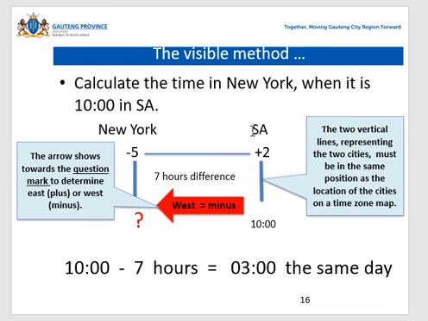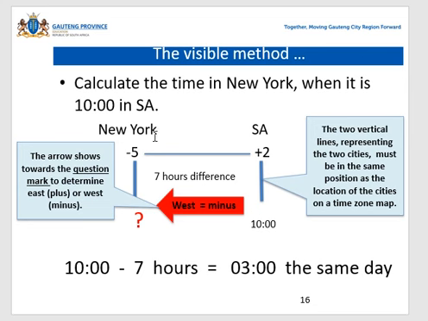So do you see, I cannot swap the two cities there, because if I go from the left on my time zone map, I first get New York, and then I get South Africa. I made a note here for you that says the two vertical lines representing the two cities must be in the same position as the location of the cities on the map.